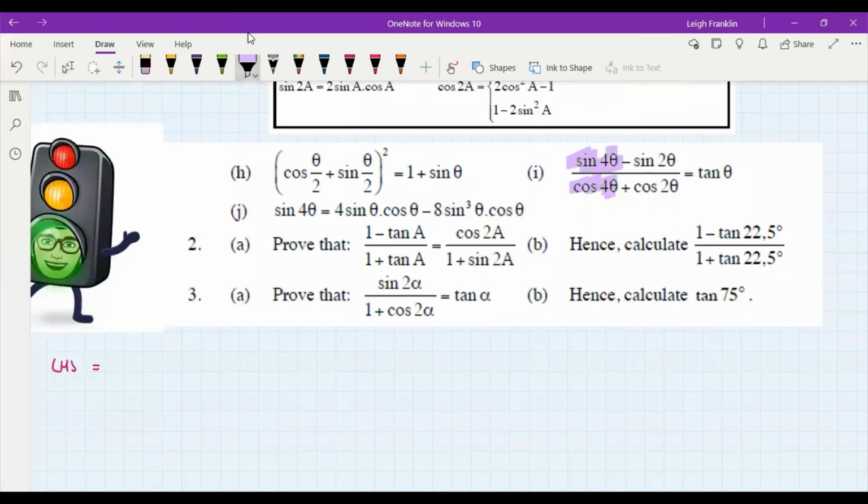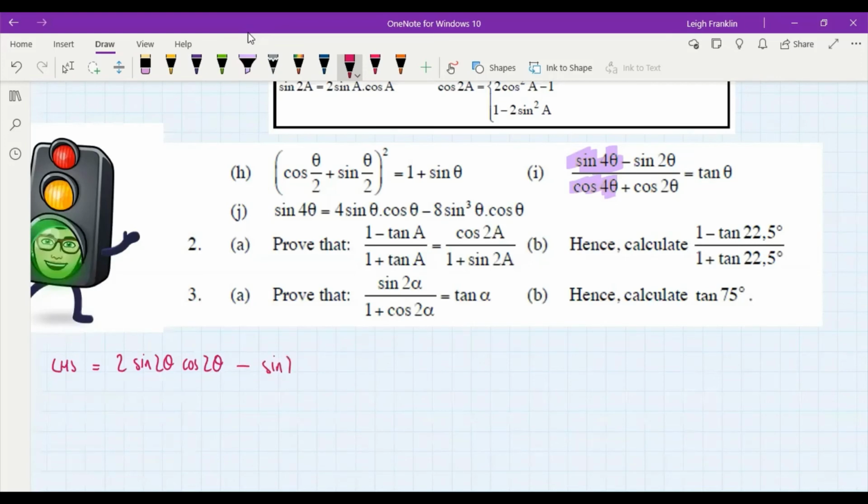And expanding it too far in the beginning is just going to lead to problems. We don't know this until we've actually experienced it, but this is what happens. So what we're going to do is write sine 4 theta as 2 sine 2 theta cos 2 theta.